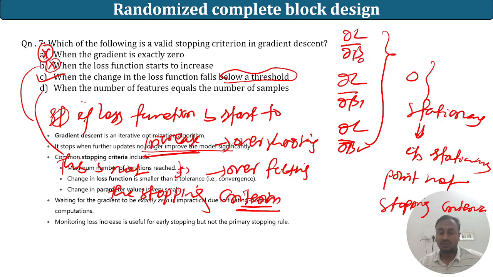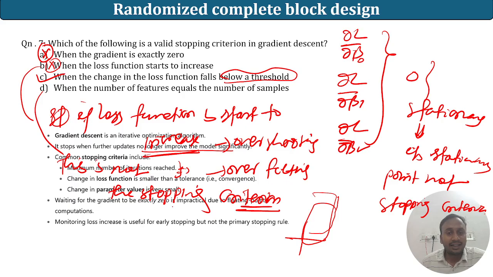Or the change in the loss function is smaller than a tolerance, or the change in the parameter value is very small. Let's say we were doing the iterations and it went like this, and then it became like this. There is not much change, so we can't do anything more, and that is the stopping point.